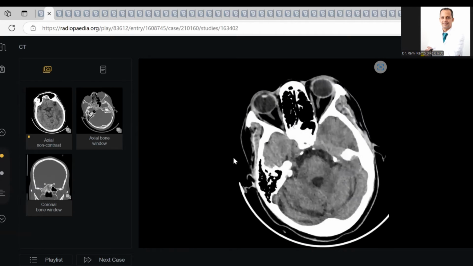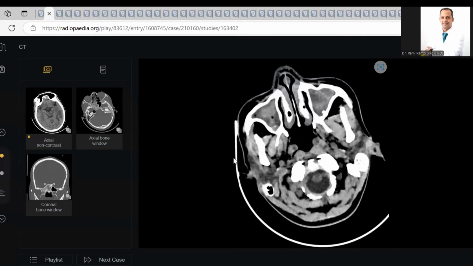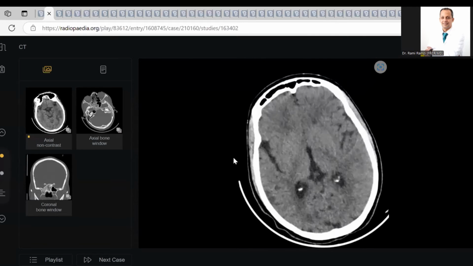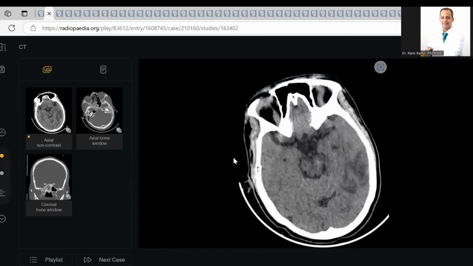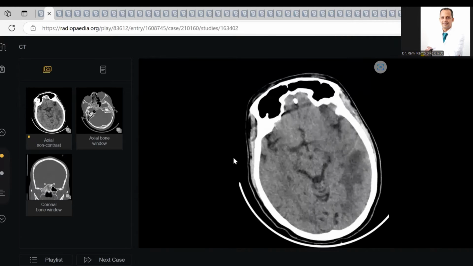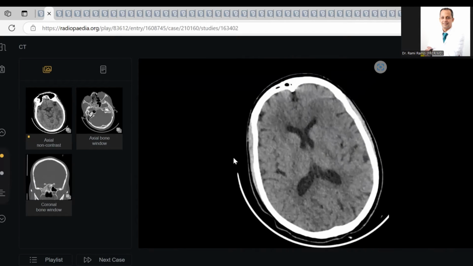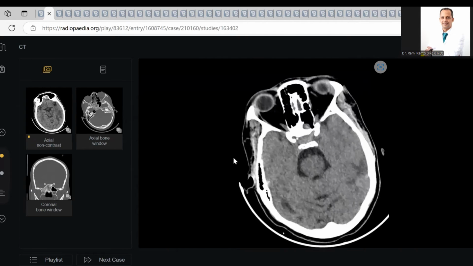So in this, I can see that there is evidence of hypodensity noted within the region of the left temporal lobe. It is causing effacement of the sulci and the gyri and a mild mass effect, and there is relative sparing of the cortices, and the ventricular system appears normal in this patient.